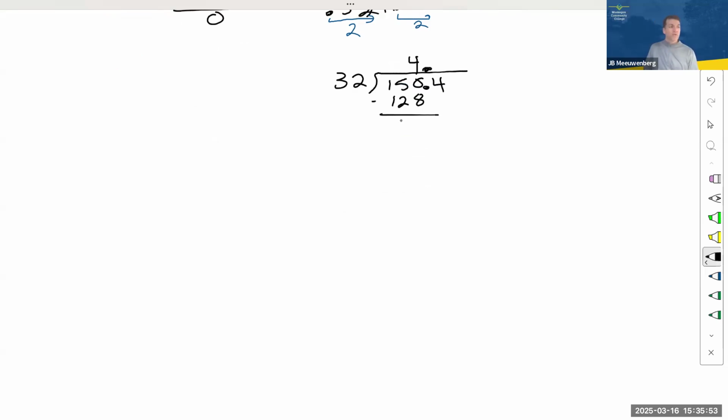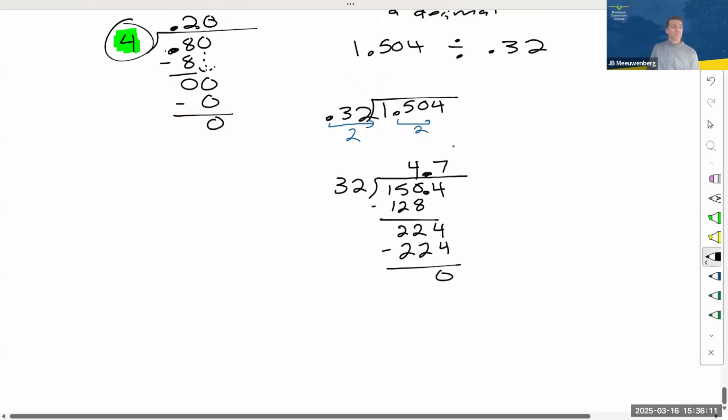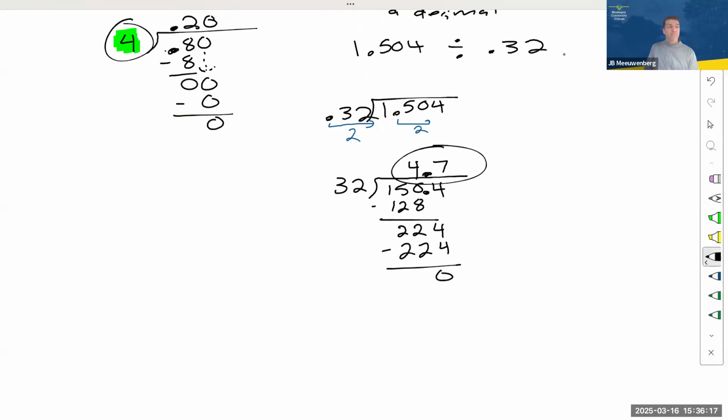When we subtract, we see that there is a remainder of 22. We then bring down our 4, and we're dividing 32 into 224. And that actually goes in exactly 7 times. We have a remainder of 0. And so our answer is 4.7. And we go back to the original problem. 1.504 divided by 0.32 is equal to 4.7.